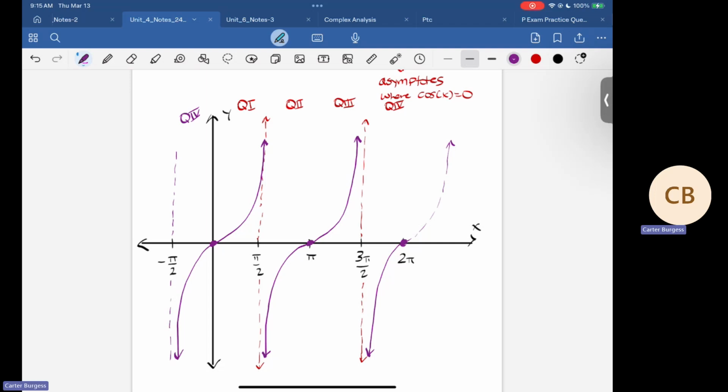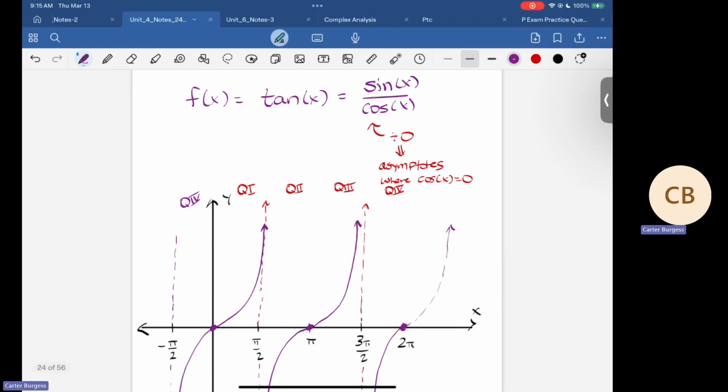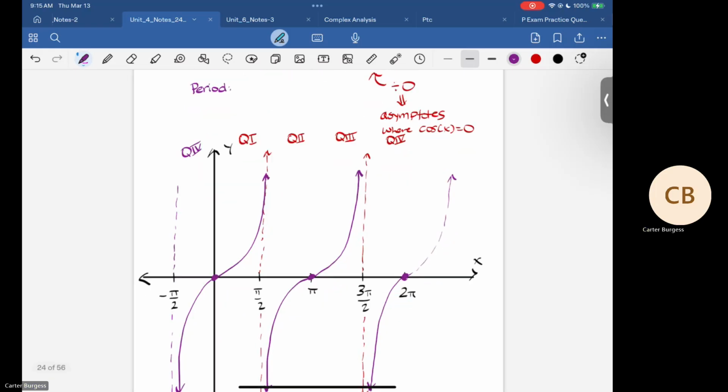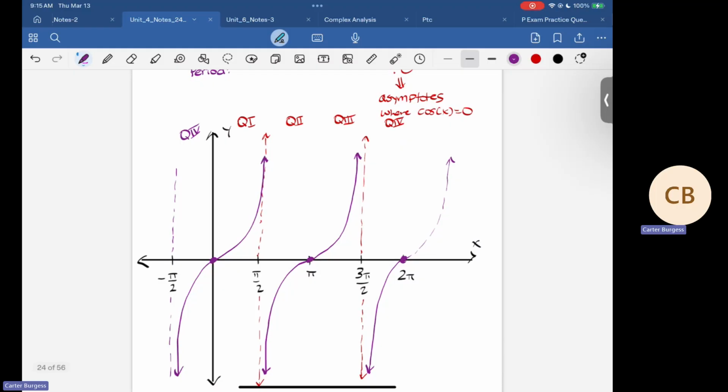Let's think about the period for tangent. How long does it take? How far do I have to travel before I start seeing the same image over and over again?